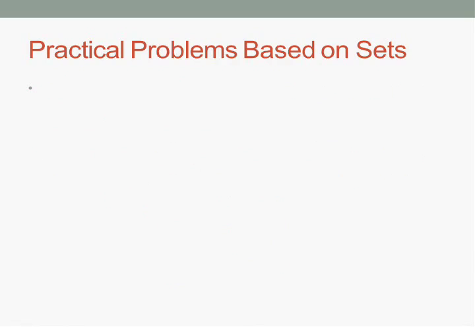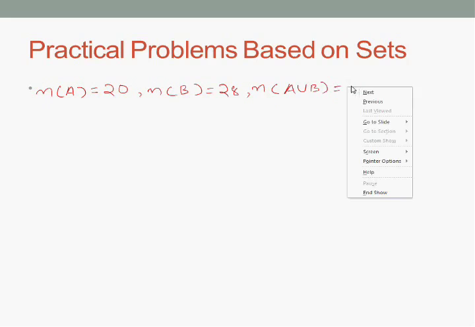Take another question. Let A and B be two finite sets such that n of A equals 20, n of B equals 28, and also n of A union B equals 36.